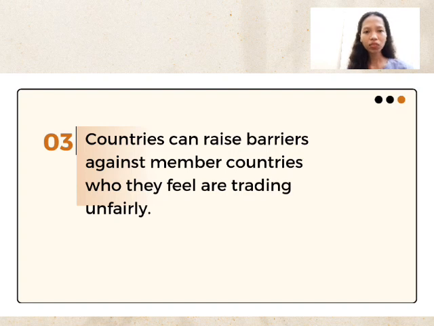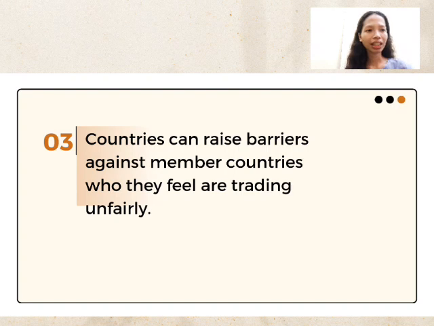So from the Chinese perspective naman, China in return has raised its own trade barriers against certain U.S. goods in response to the tariffs imposed by the United States.